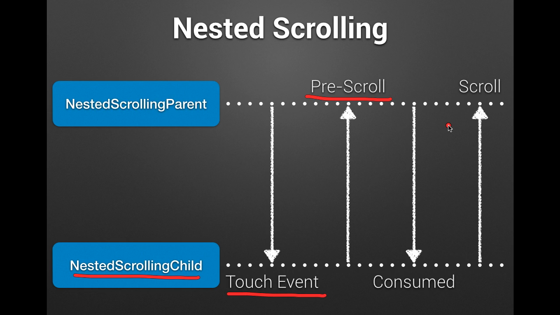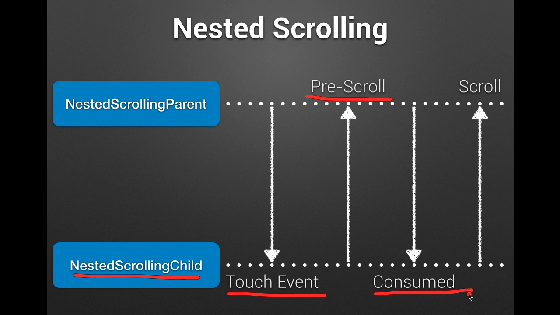And you'll see in the API how that works out numerically. But that allows the parent to make some determinations before the child actually does any scrolling. Then the parent returns some information about whether or not it consumed any of that event. They can consume all of it, none of it, or part of it.